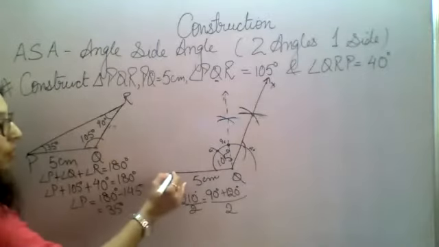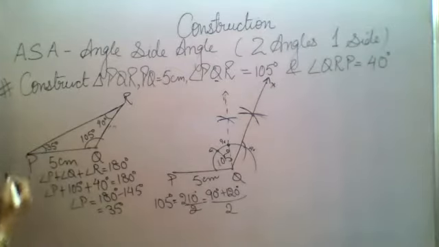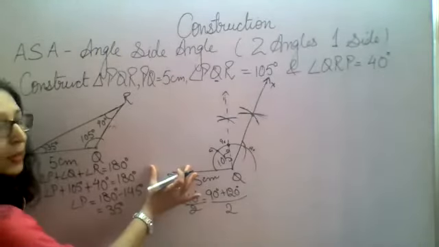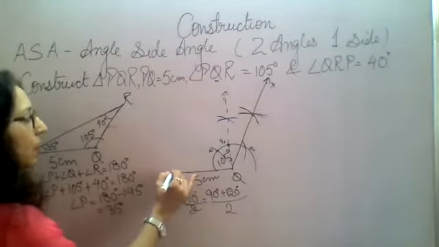Now at P, draw angle of 35 using protractor. It is not multiple of 15. So using protractor, you will put protractor here. This is 0 degree, then 35.